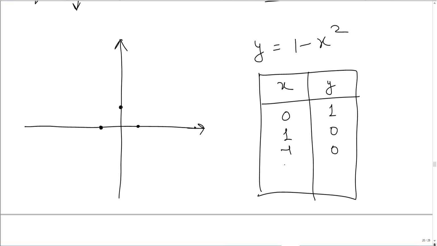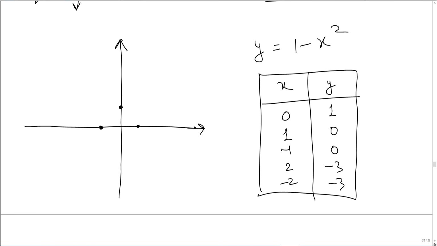Let us first try x equals 2. At x equals 2, y would be 1 minus 2 whole square, that would be 1 minus 4, so y would be minus 3. And what would it be at x equals minus 2? At x equals minus 2, y would again be 1 minus 4, which is minus 3. So one thing you can notice is that the graph is symmetric.